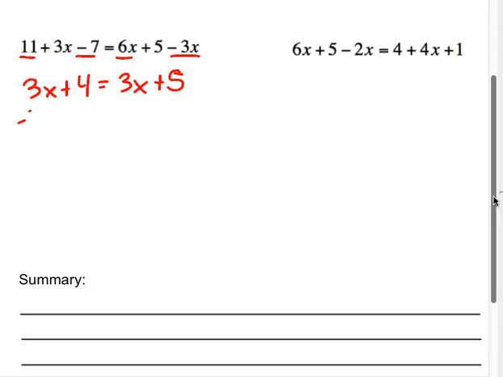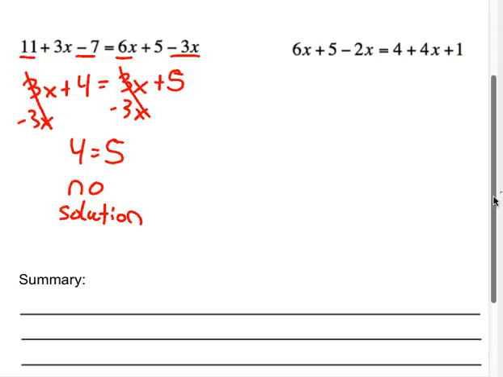So I could subtract 3x off in attempts of bringing it together, but instead of bringing it together, both in fact disappear, okay? I lose my variable altogether. So when you lose your variable altogether, in this case, I'm left with a nonsense statement. Obviously, 4 cannot equal 5, okay? So when you're left with nonsense, that's going to be a no solution case, okay?